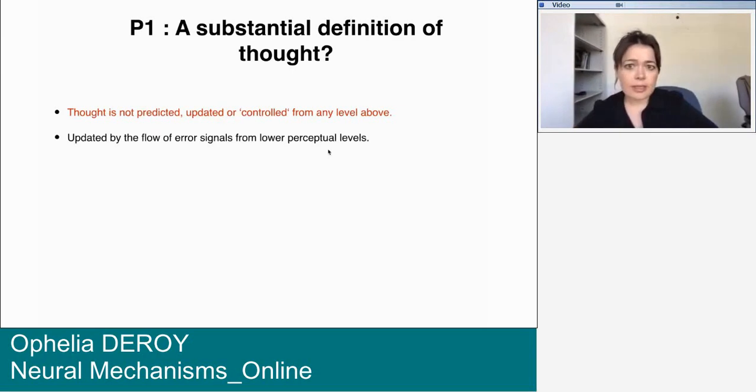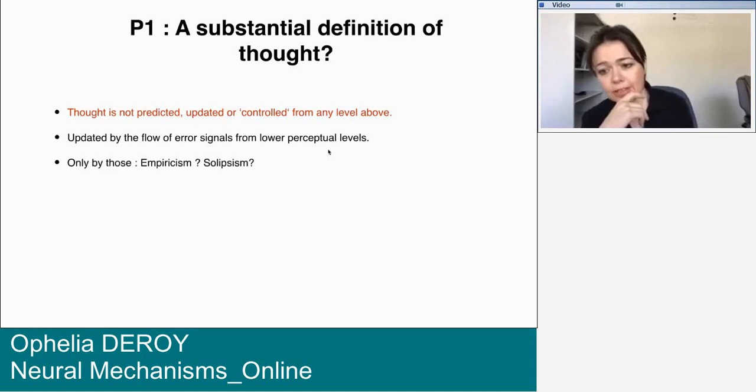Now, in this framework, we can also extract further characteristics of thought. As I said, like every other level, it will receive the error signals that result from the mismatch between the prediction it sends to the level immediately below and what this level has been processing. But surely, if that's the only way in which we think about updating thought in this account, then there are two major risks.